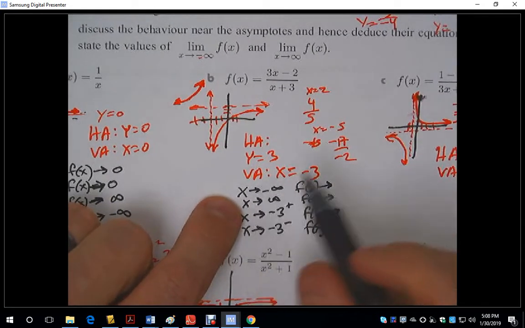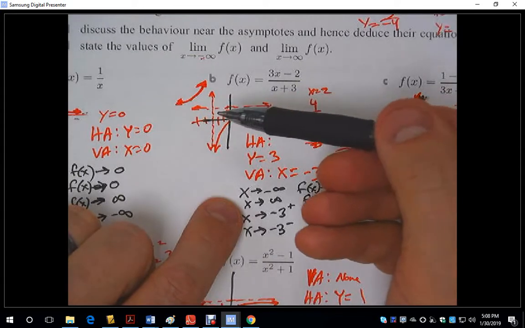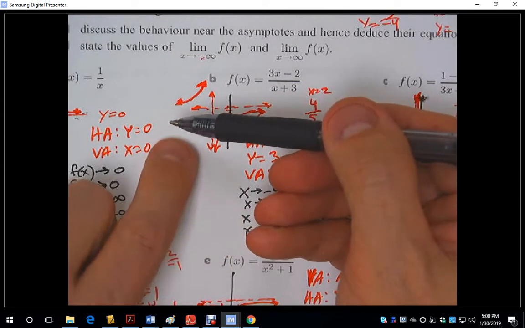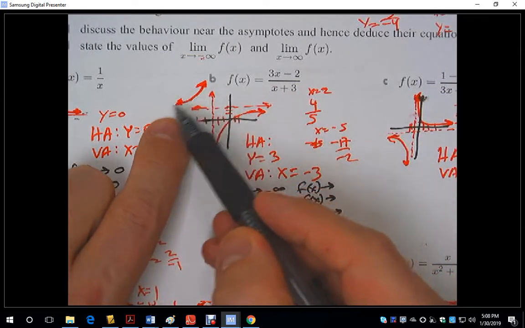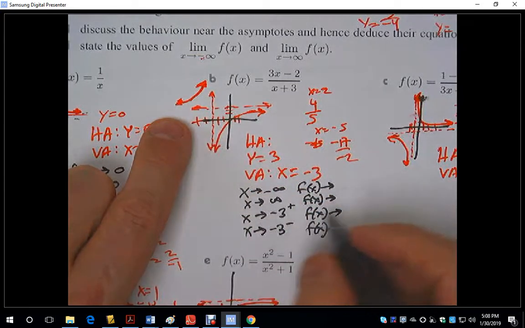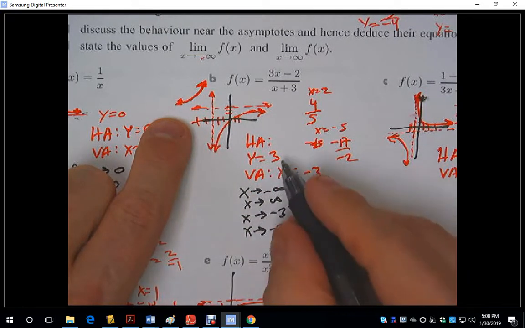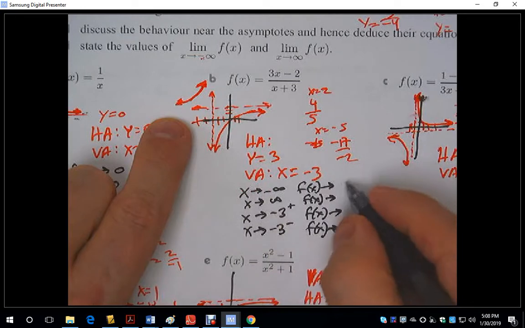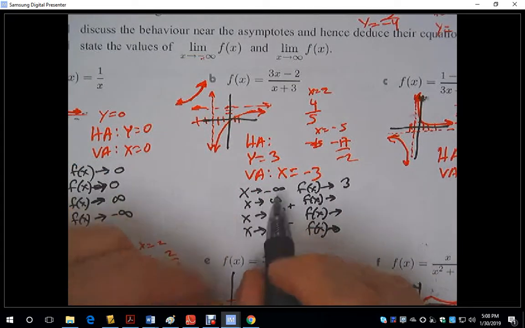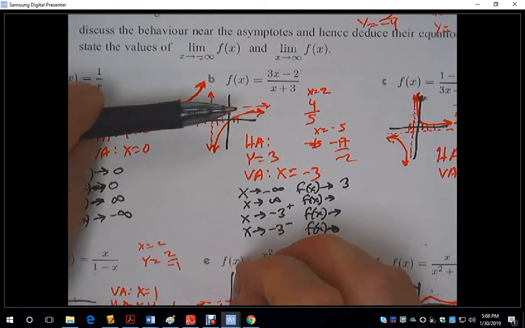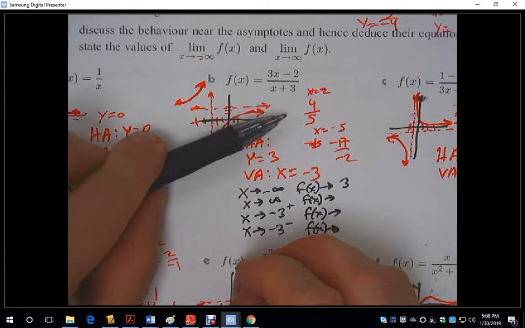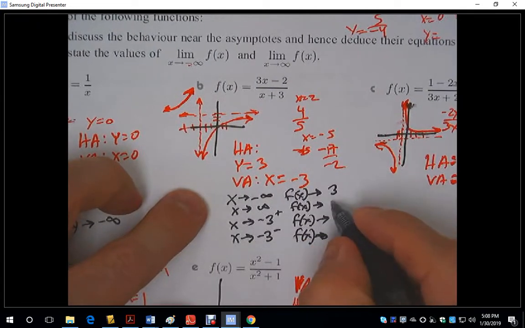When x becomes super small, my y approaches the horizontal asymptote. What was the horizontal asymptote? It was 3. When x becomes super large, my y value converges on that horizontal asymptote, so that also becomes 3.